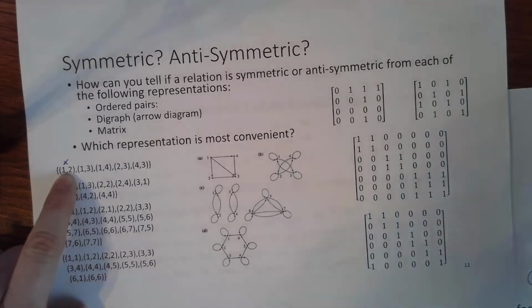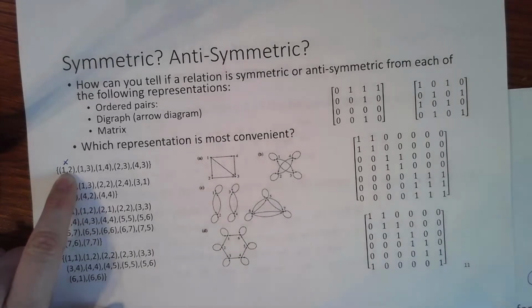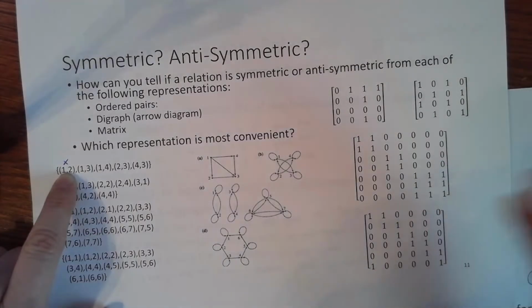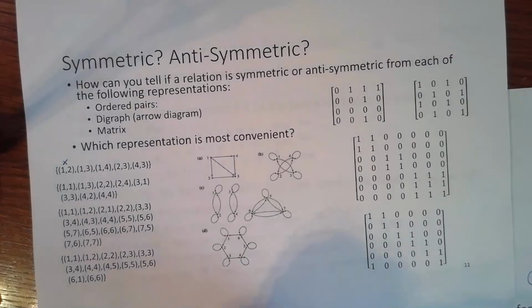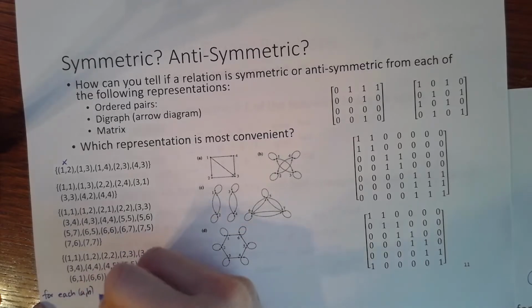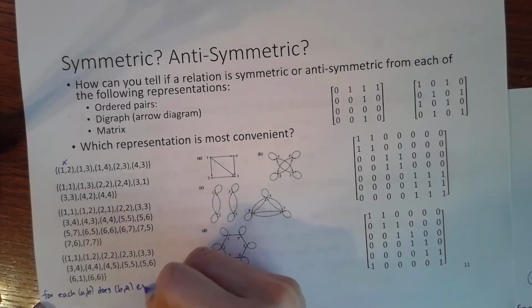Okay, so I can already tell that this is not symmetric because I would have to have, for every single pair, if A is related to B, then B is related to A, and I don't have that here. Okay, so what I would have to ask myself is, for each AB, does BA exist?